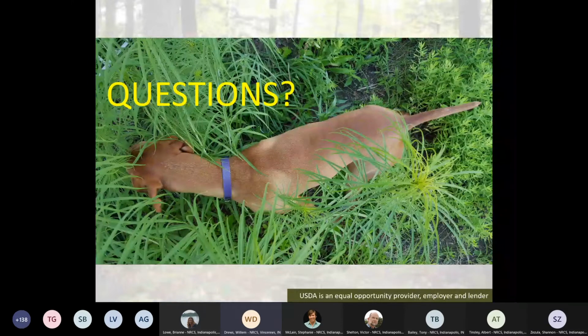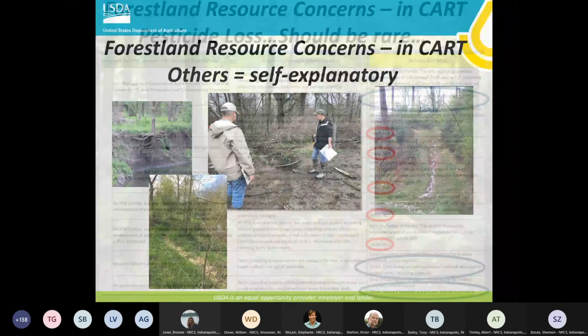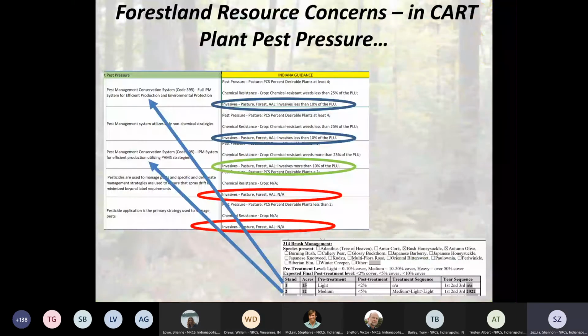Good. Hey, I had a question on not that last chart, but the chart before it. That one? Yes. So one of my concerns, and I know that you highlighted click 3 if you are dealing with invasives, is that the 5th category there, pesticide application is the primary strategy used to manage pests.